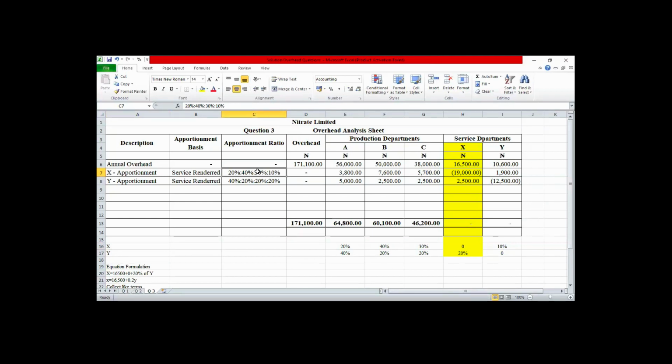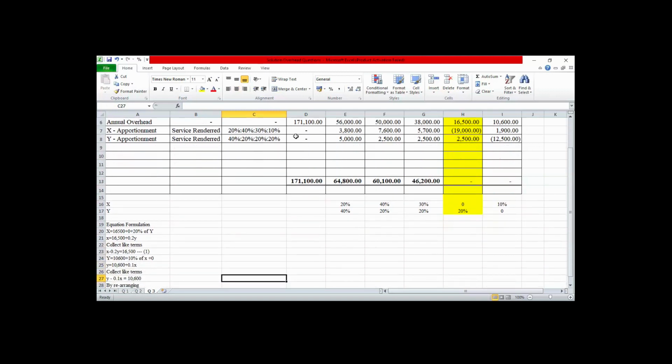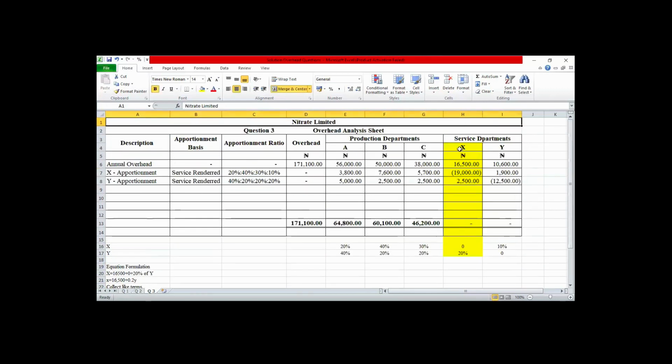The base is that cumulative, okay? But is that 0 plus 20% of Y? 0 has no value. Now, what we did to formulate the equation is this. The starting point of this particular column is X. We now say X is equal to all that you have here.